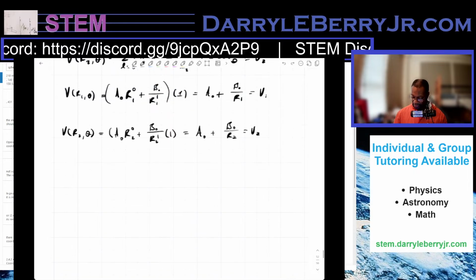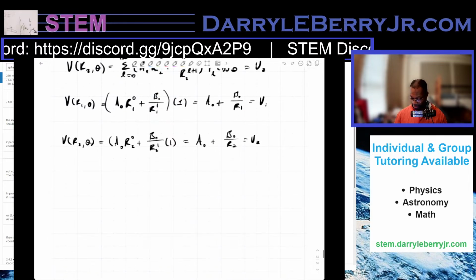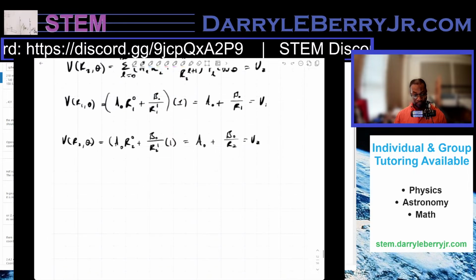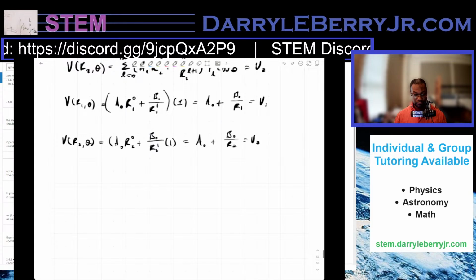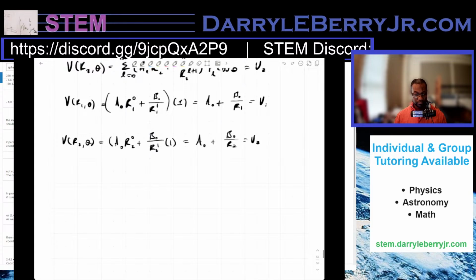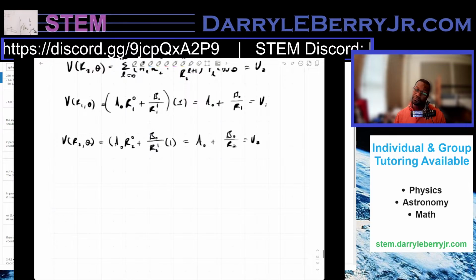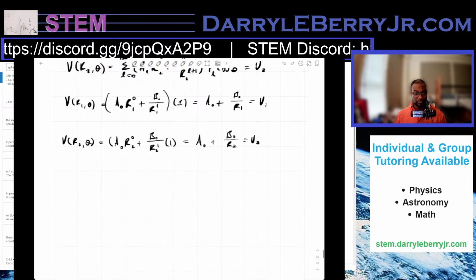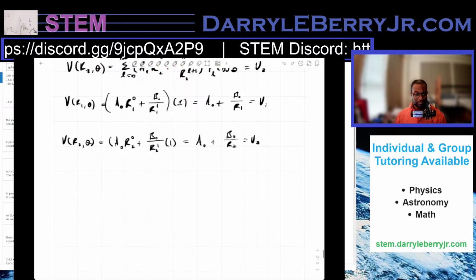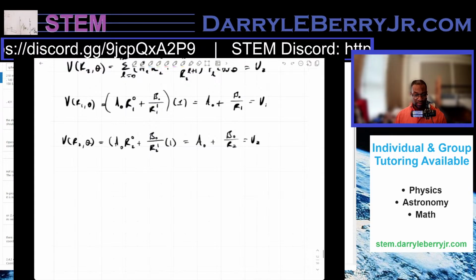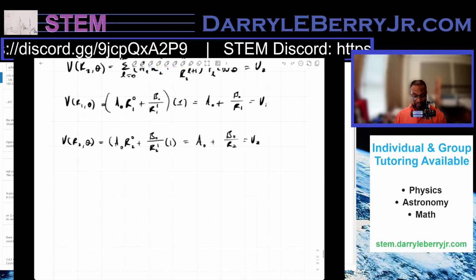And we need to solve both of these equations for A naught and B naught together. So let's take a look and see the best way to do that.